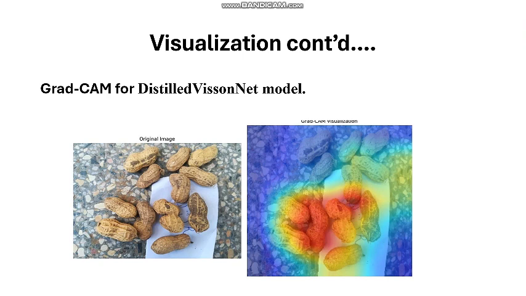We can observe from the Grad-CAM output visualization that still we can observe red and yellow color concentrated on the regions containing groundnut seeds, and the blue color surrounding and in other regions.